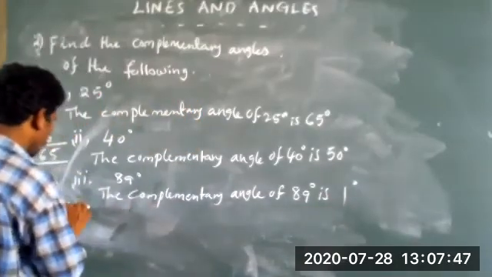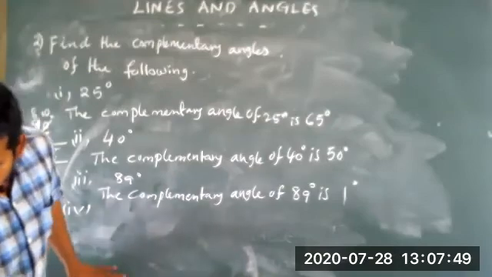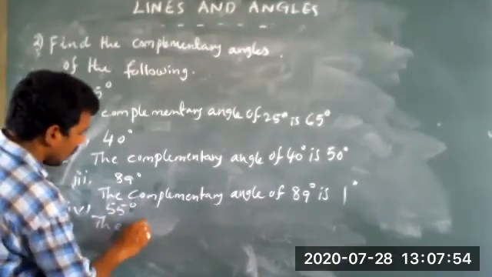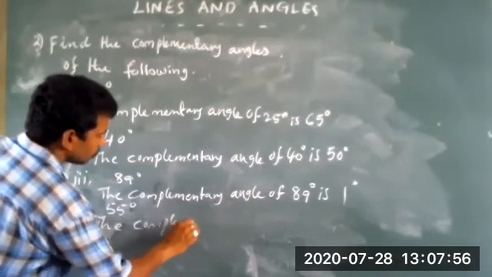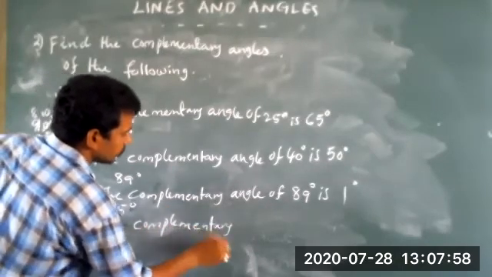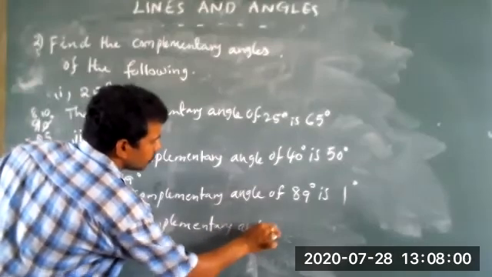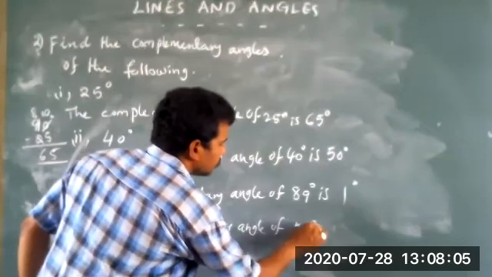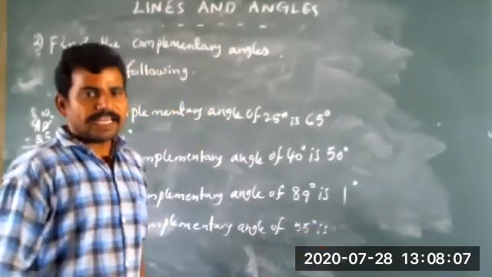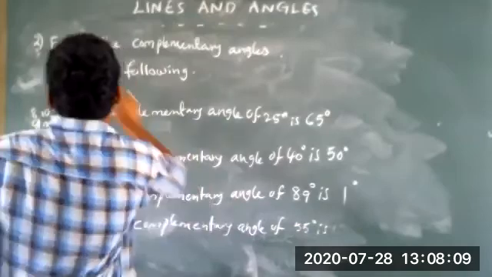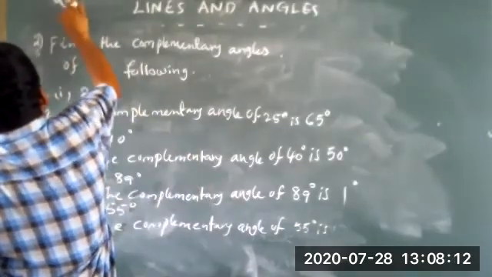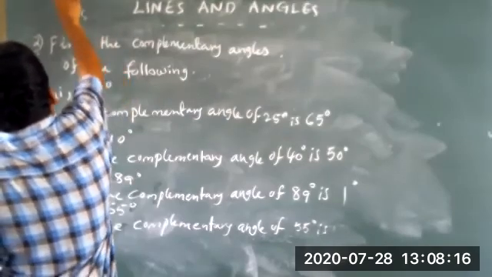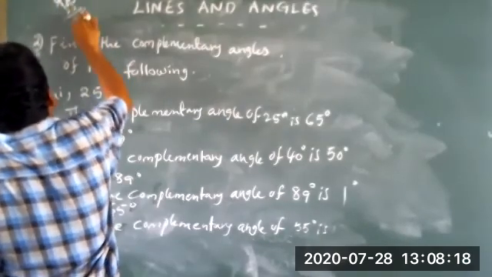Now the fourth problem, 55 degrees. The complementary angle of 55 degrees is equal to 90 minus 55. 10 minus 5 is 5, here 8 minus 5 is 3.